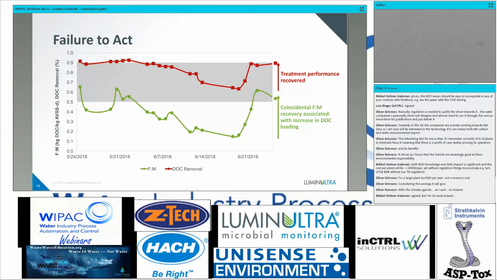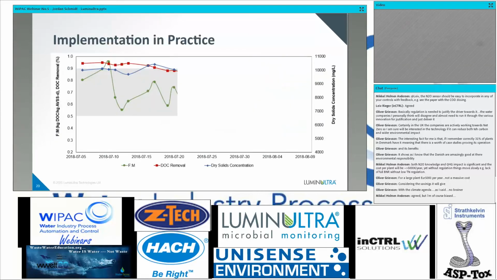Now we're going to look at implementation in practice. This is an example where the F2M optimal range was acted upon. Again, we have the F2M in green, the DOC removal in red, and the dry solids or MLSS concentration in blue.